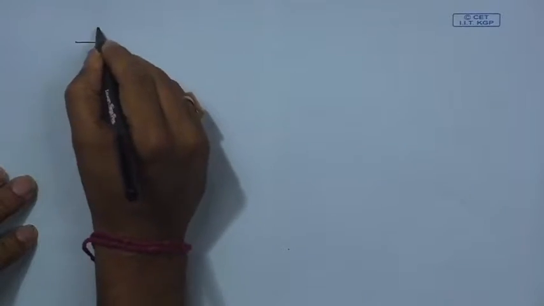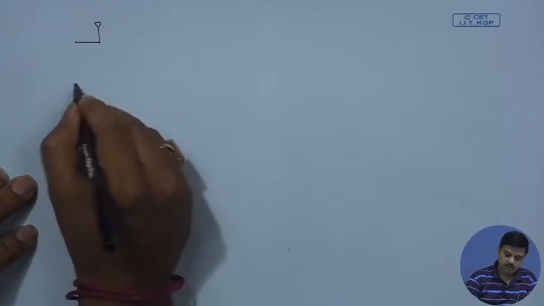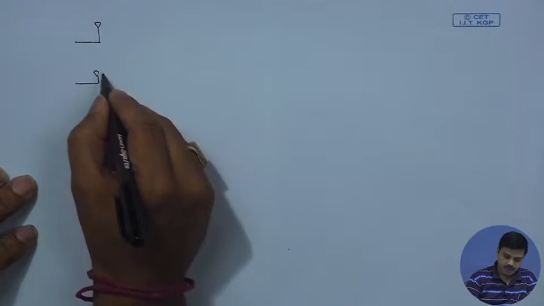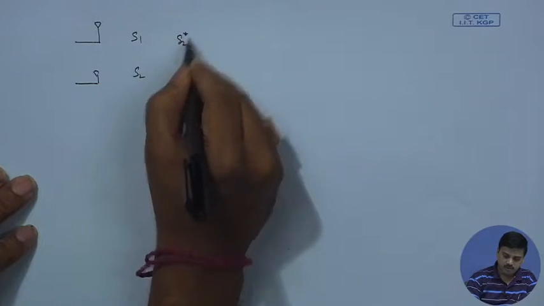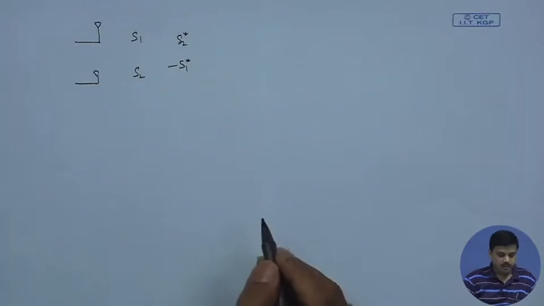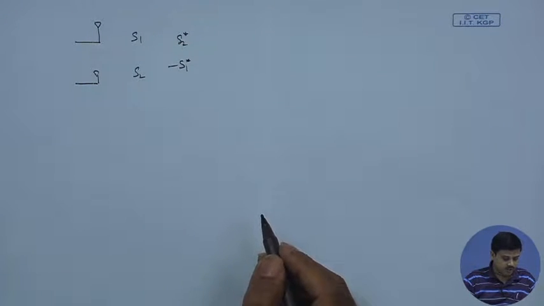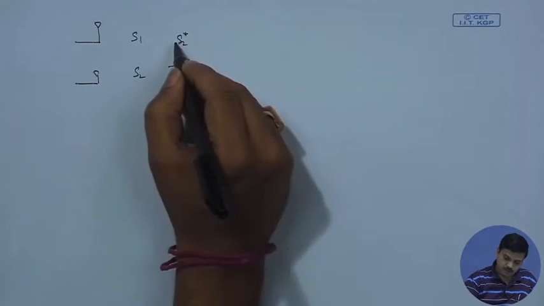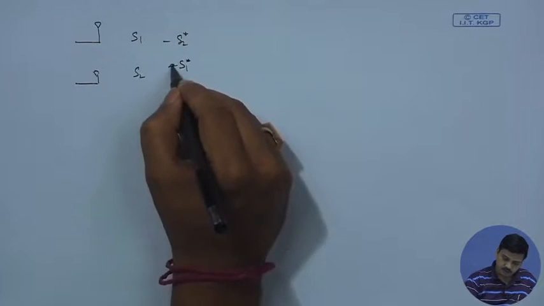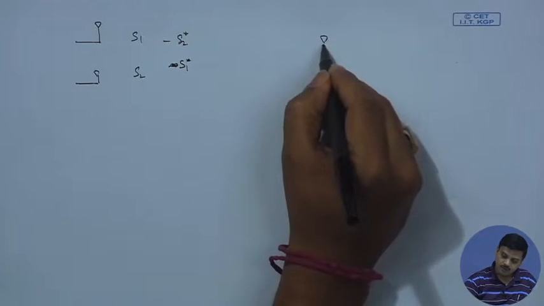In the Alamouti scheme, we have already said there are 2 transmit antennas, and we transmit S1 and S2 in the first slot, and then S2 conjugate and minus S1 conjugate, or rather minus S2 conjugate and S1 conjugate, in the next. We had only one receive antenna.